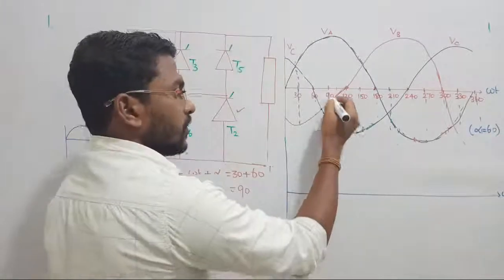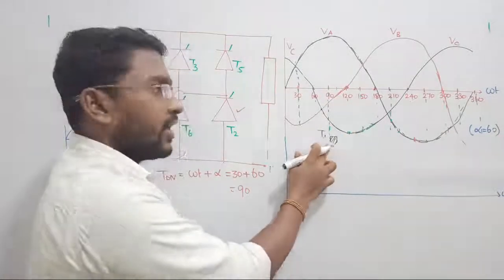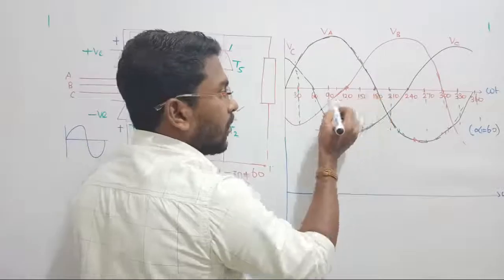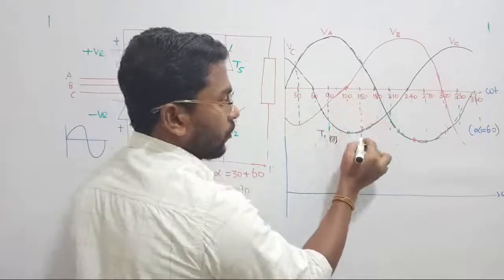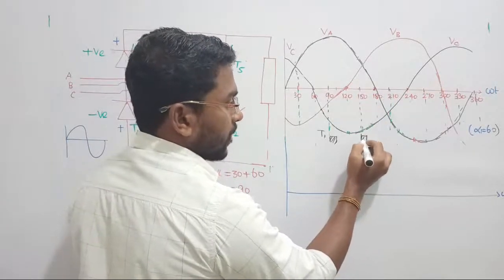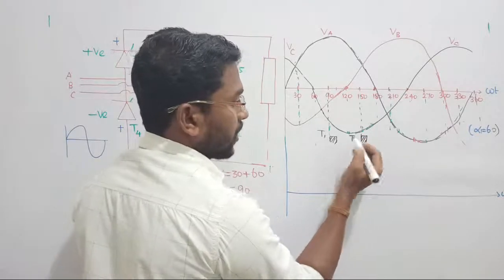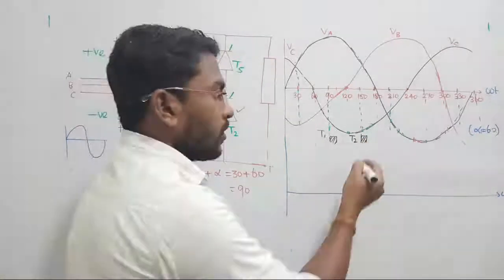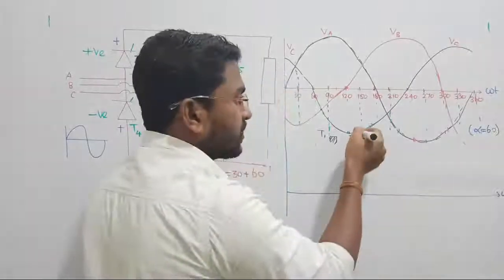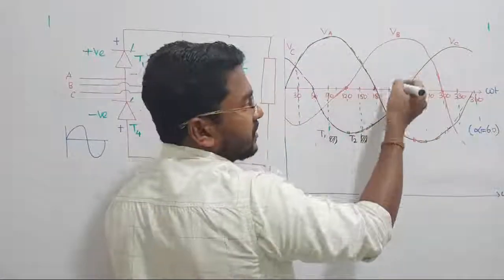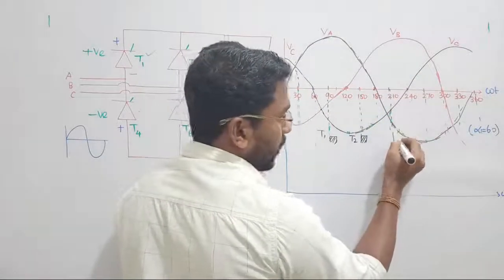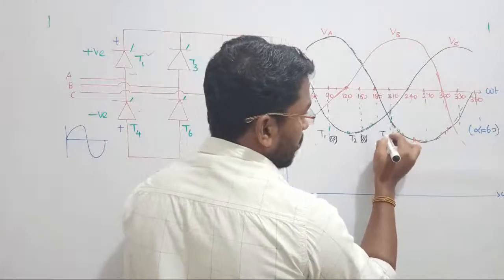Yes. So first thyristor is going to be triggered at 90 degree. After 60, 90 plus 60 will become 150. So second thyristor T2 will be triggered at 150. Again from T2, after 60 degree, 150 plus 60 will become 210. Exactly. At 210 we are going to trigger thyristor T3.